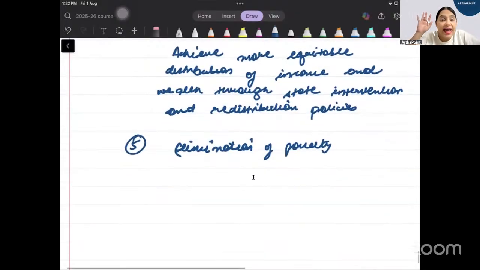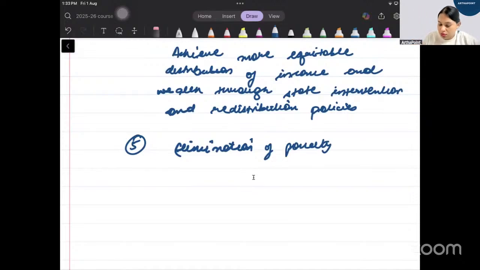The government can direct towards rural and marginalized populations, right? The right kind of programs can be brought in to ensure that inequality is removed, to ensure that poverty is removed, to ensure that you have full employment, to ensure that marginalized population is helped, to ensure that you have regional development.